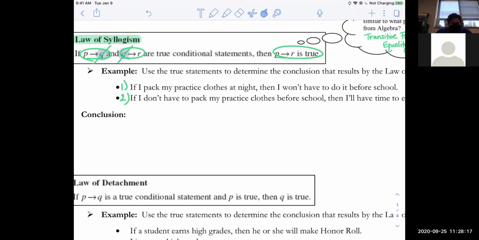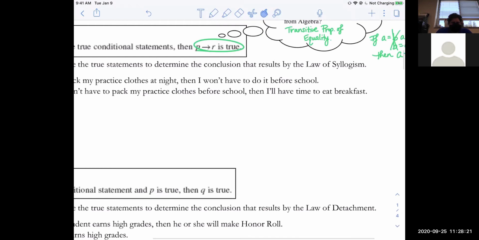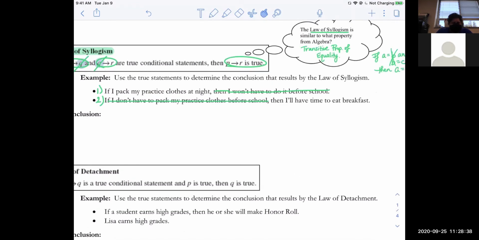Notice that the ending of the first sentence matches the beginning of the second, so you can get rid of that and group these together.